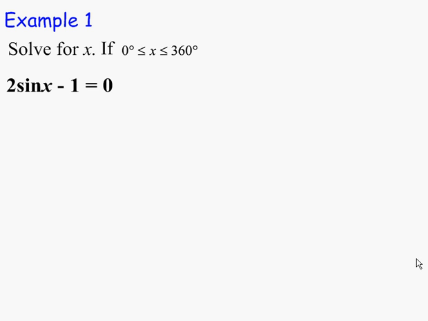Okay, so here's our first example. Solve for x if x is greater than or equal to 0 and less than or equal to 360. Okay, so here's a trigonometric equation. You have to treat it like a regular equation, so that means we're going to isolate the variable.